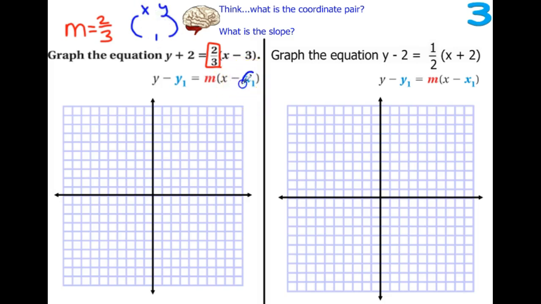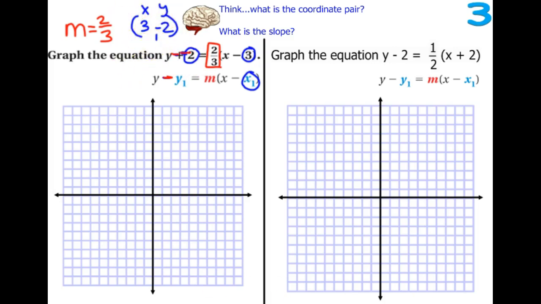So x, our first one right here, is 3, because this is a negative, that's part of the equation. And y, ooh, this isn't a negative, so in order to get this 2 positive, we had to have one minus from the equation, and that means 2 also has to be negative. So y is actually -2, because this comes from the equation, and this one comes from the 2. So this is our point.